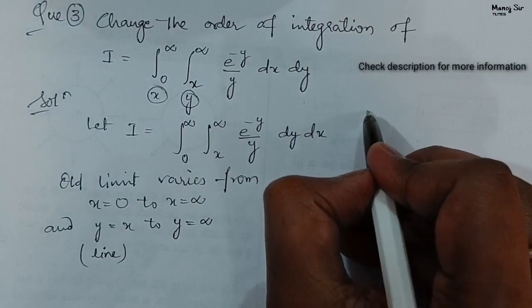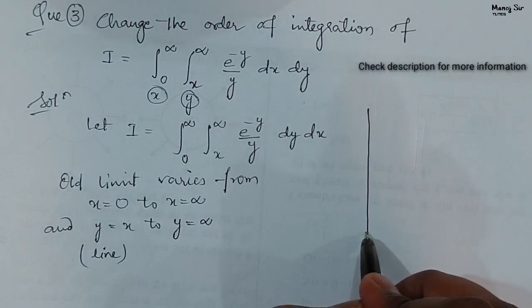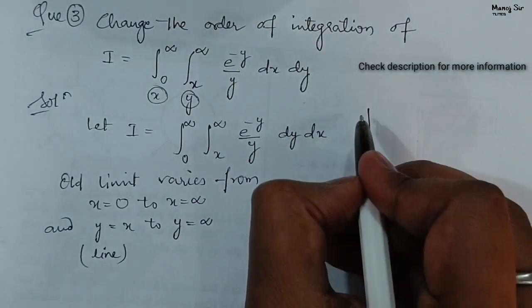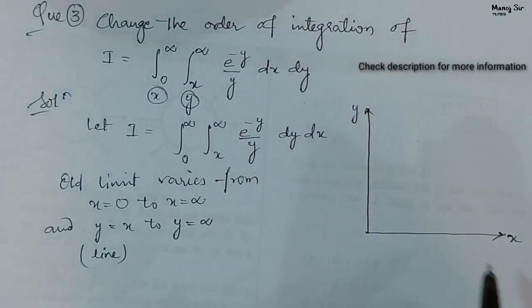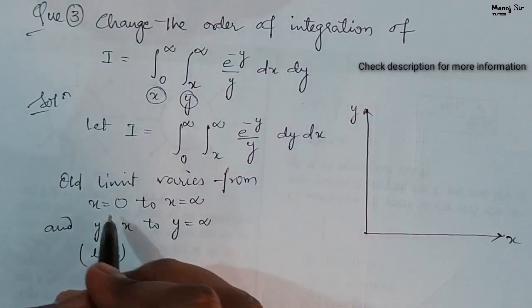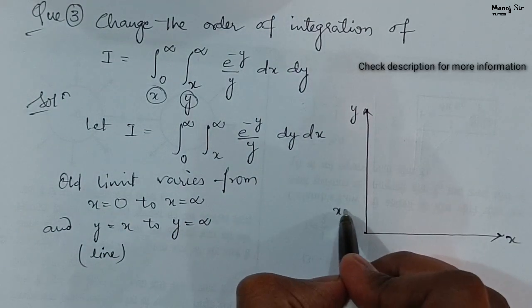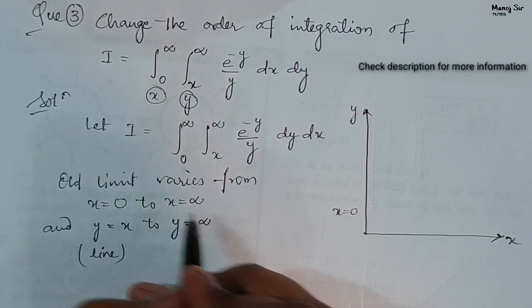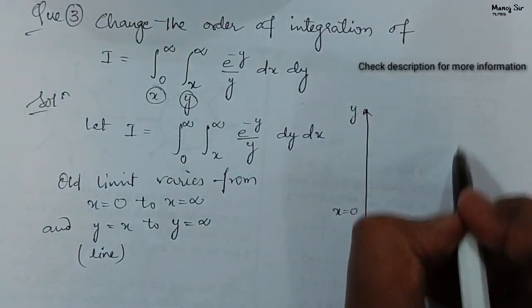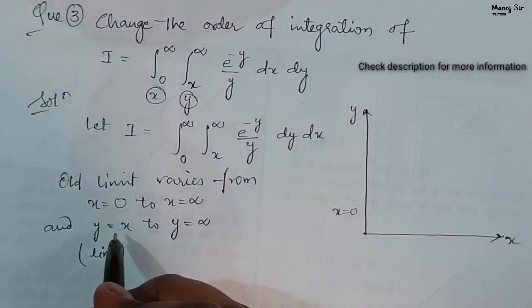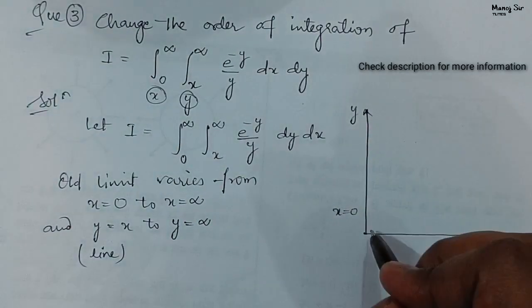Now let us draw. Yes, this is y-axis and this is x-axis. Here x equal to 0 means this line, and x equals to infinity means this line. Suppose this line is x equal to infinity. Then we have y equals to x.